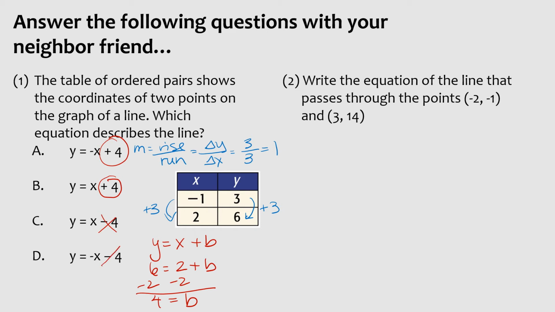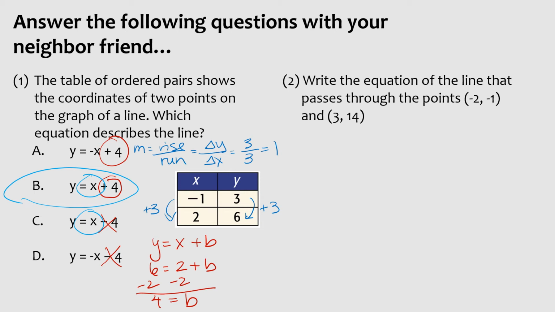I'm eliminating these because the intercept is a positive 4. Okay, so now I have to look at this and be like, okay, well, remember my slope was 1. So if I'm looking at it because of the slope, this has a slope of 1 and this has a slope of 1. So the only one where it's both true would be B. So this is my equation for the line there.